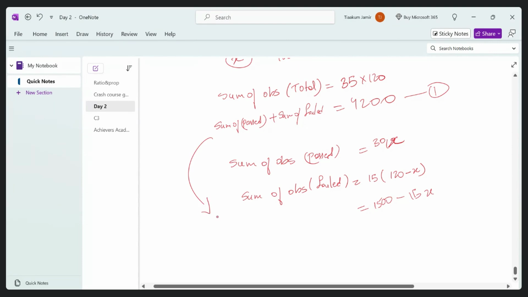So equation 1 we can write as the sum of pass, 39x, plus 1500 plus 300, which is 1800, sorry, this is not 1500, it is 1800, minus 15x, is equal to 4200. The x terms we subtract, so we get 24x. And 4200 minus 1800.